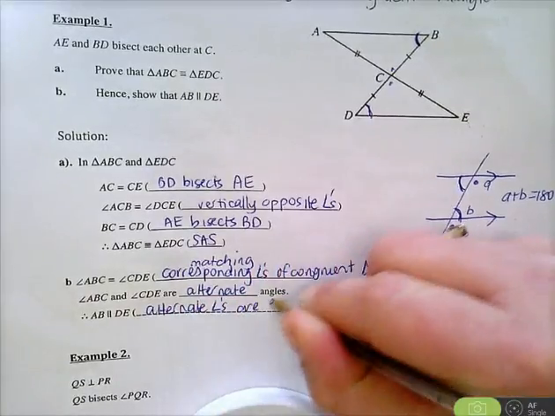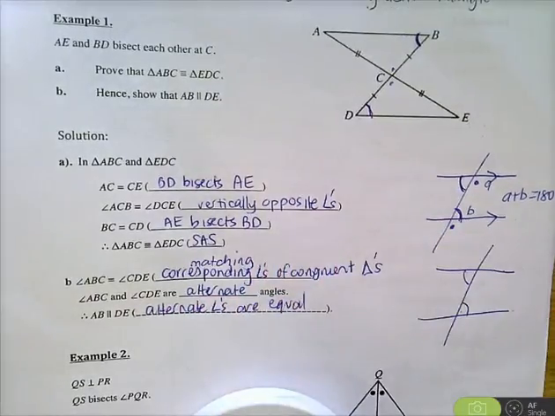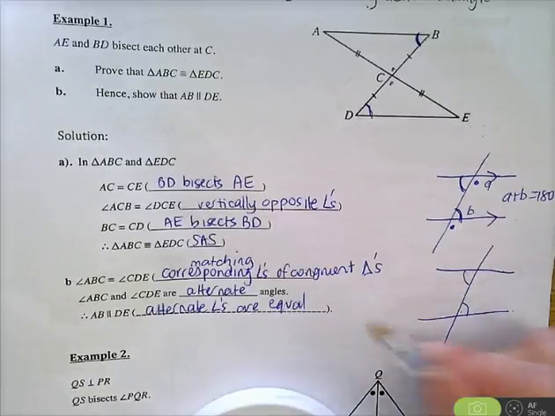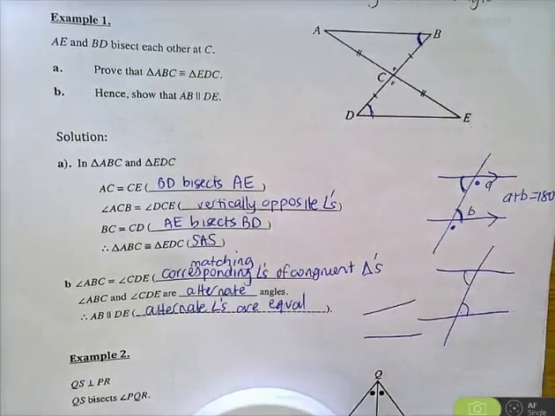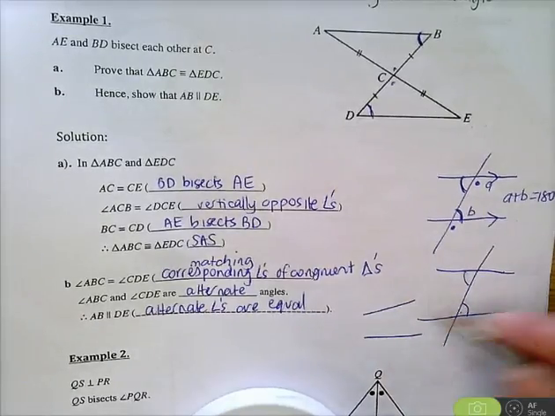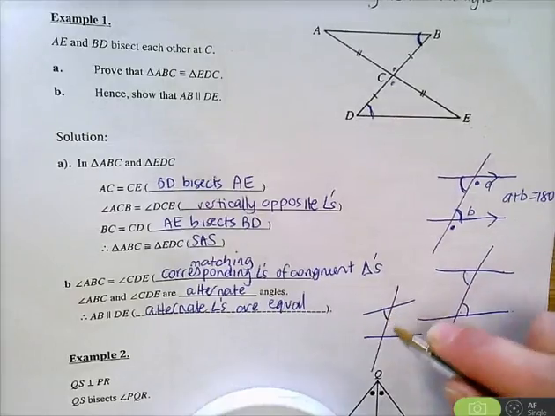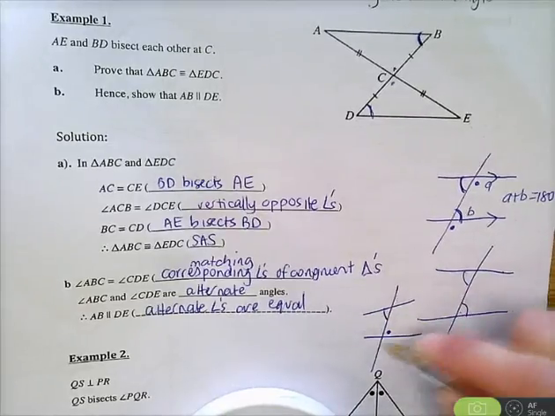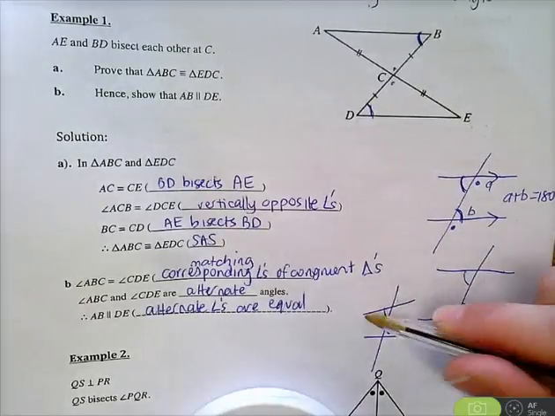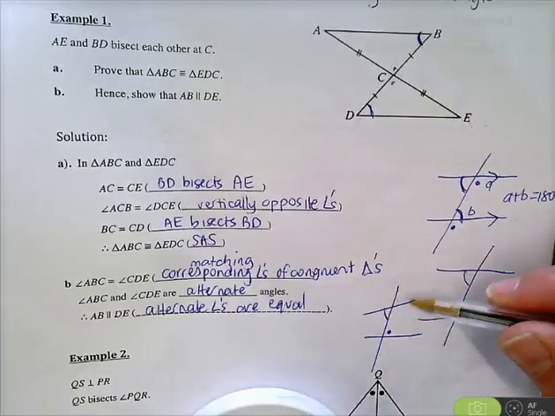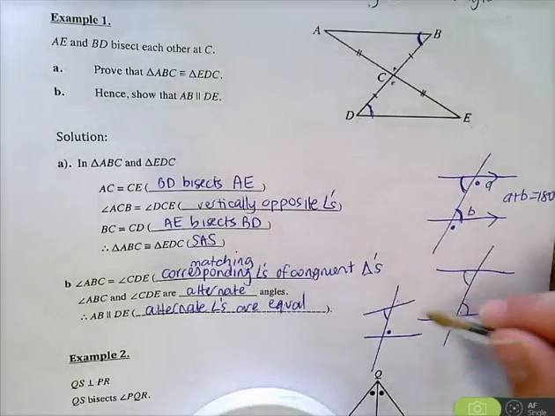Now, I'm going to draw two lines just down here, for example, that are obviously not parallel, just watching. Now, this angle there is alternate with this one, but do they look the same size? They're not the same size. Why? Because the lines aren't parallel.